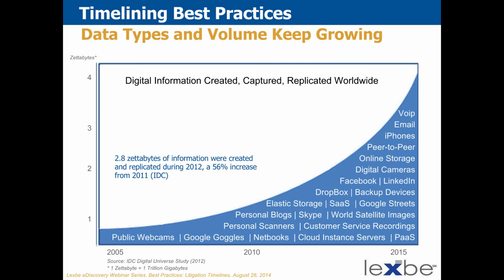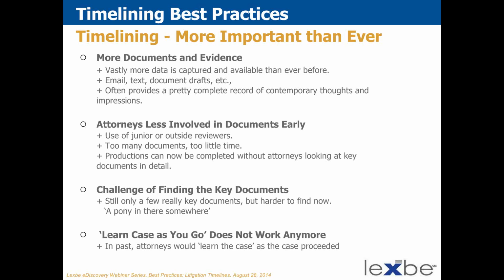So why is it more important than ever? Well, there's more data captured. There are drafts of documents, texts, email strings, and with more document evidence, there's more recording of contemporary thoughts and impressions than ever before.